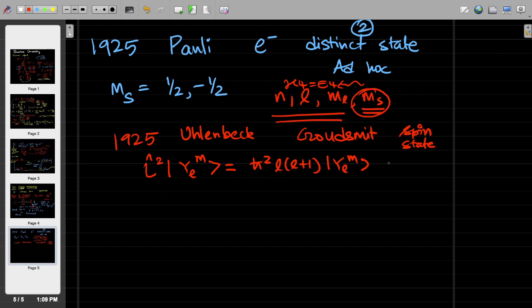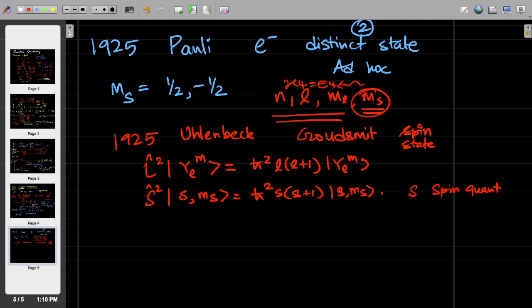Similarly, you have S squared, which when operated on |s, m_s> will give you h cross squared s into s plus 1 times |s, m_s>, where s is the spin quantum number. And the spin quantum number for an electron is half, right?